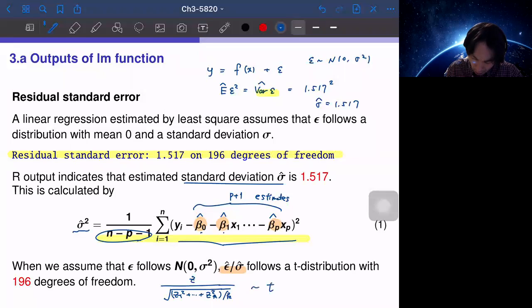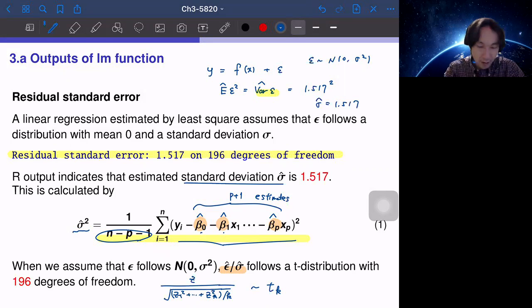So this is the definition of t distribution. If z and z1 to zk are all independent standard normal distribution, then this random variable follows the t distribution with degrees of freedom k.